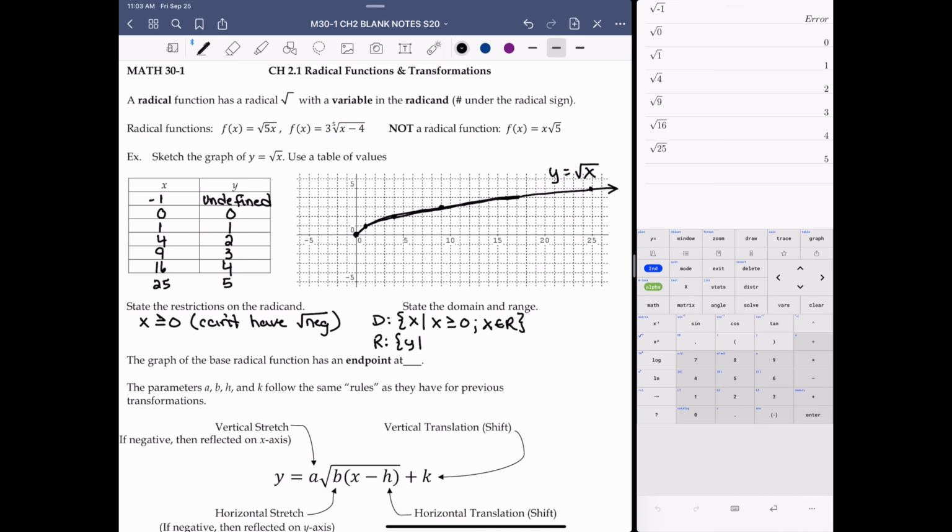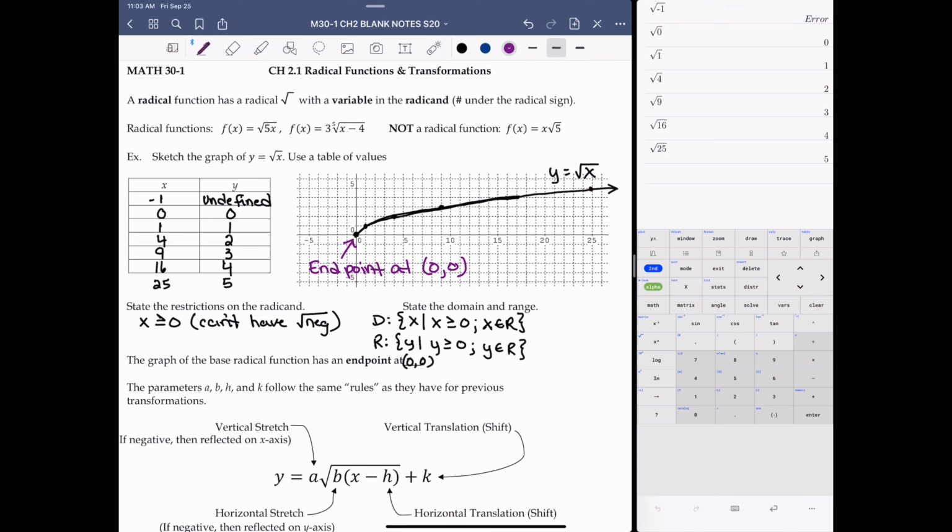The square root of a positive value is always a positive value, so y is greater than or equal to 0, and the y values are elements of the real numbers. The graph of the base radical function has an endpoint at 0, 0. This is our endpoint here.